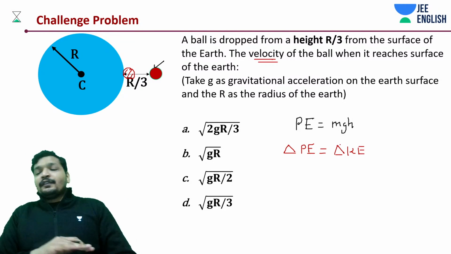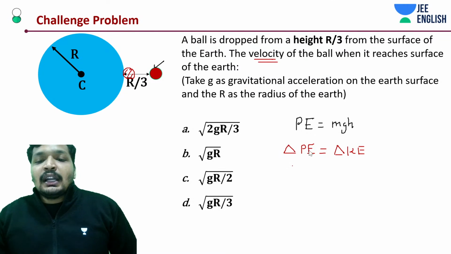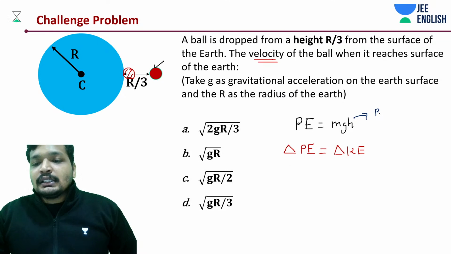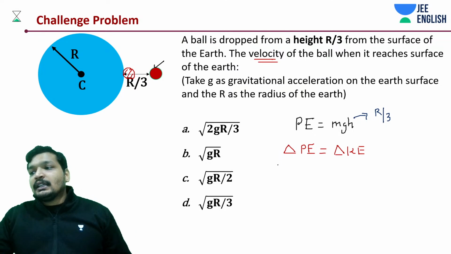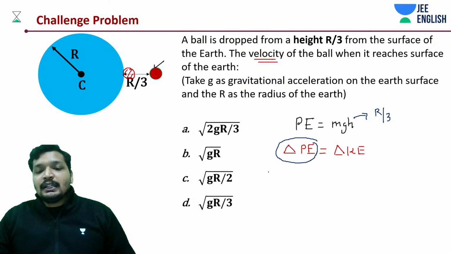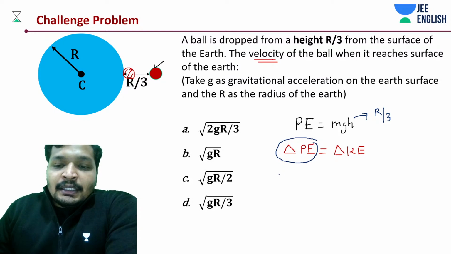Anyway, on the surface we assume that there is no potential energy, and this was at a height of r by 3 in this case. The ball is at rest initially, so I'm not adding the kinetic energy part.